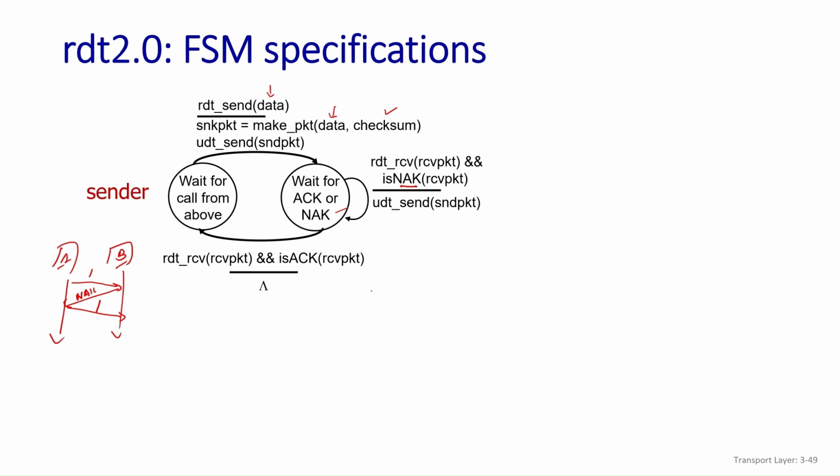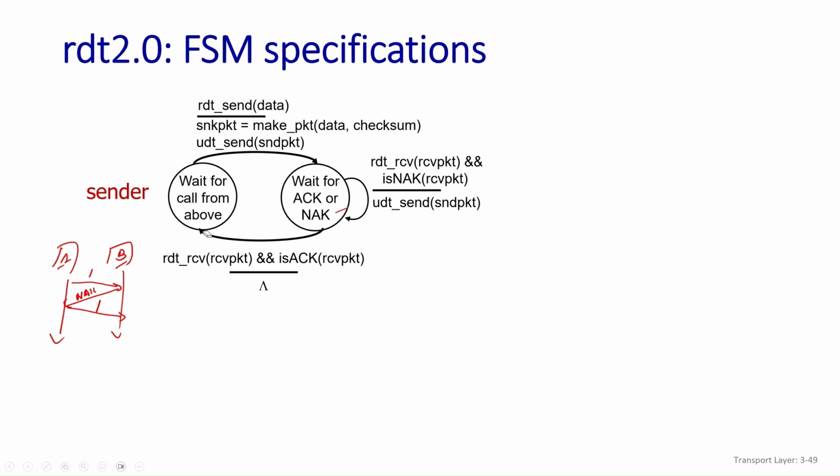So the action is we will resend the packet, and we'll go back to the state where we wait for either an acknowledgement or a negative acknowledgement. We will not make a transition back until we receive a packet.